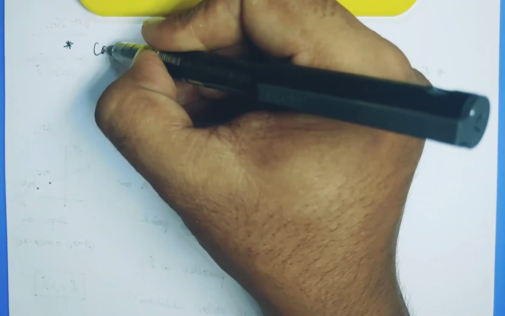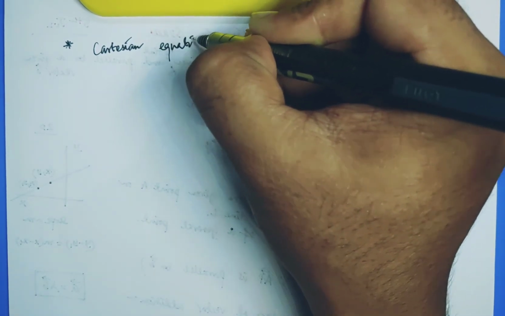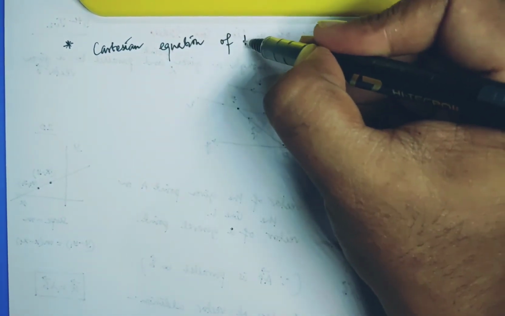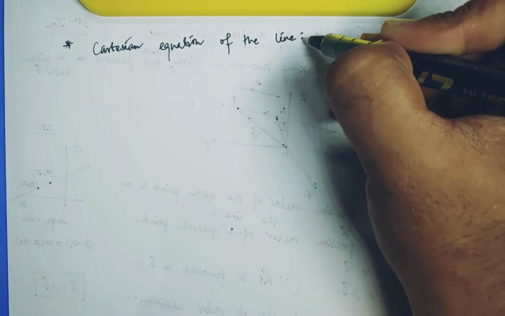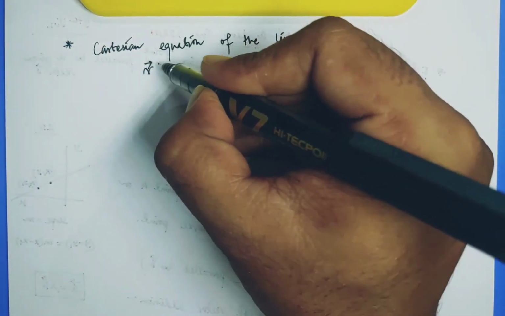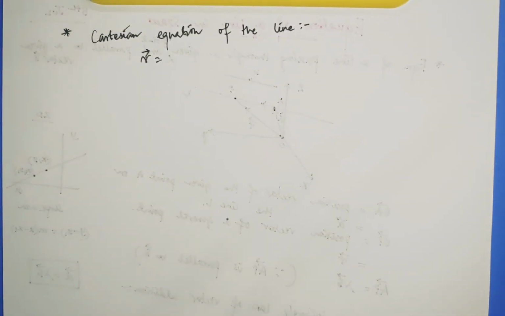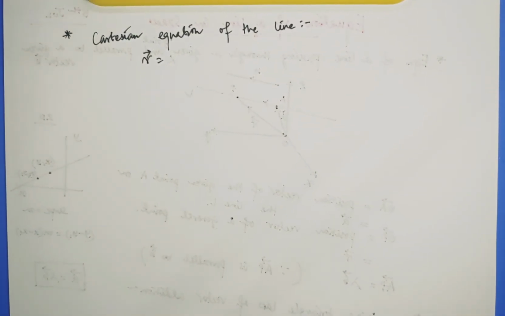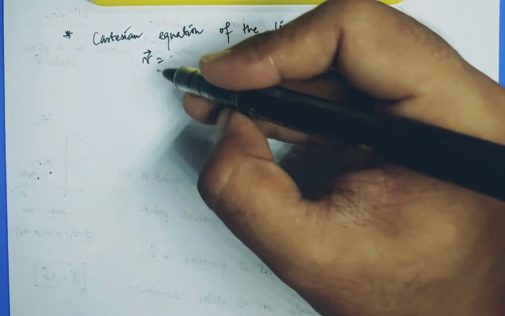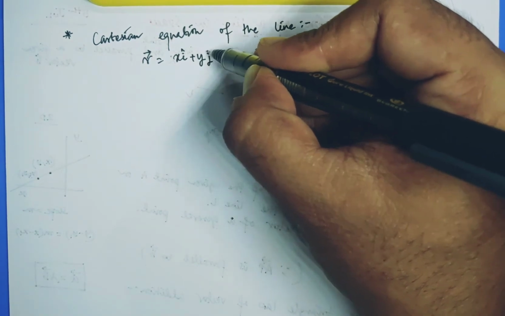So first thing, I told you R vector is the general point, right? In 3D it is X, Y, Z, right? So if I have to write the position vector of X, Y, Z, it will be Xi cap plus Yj cap plus Zk cap, right?